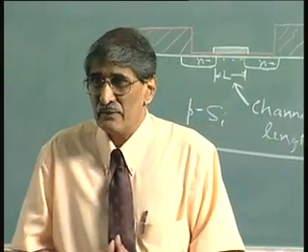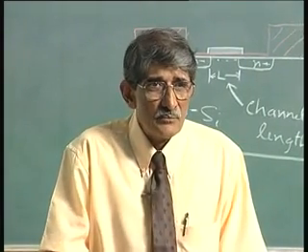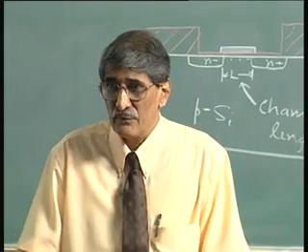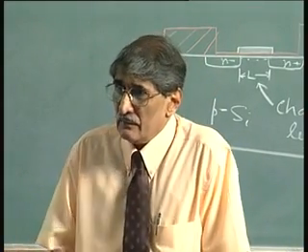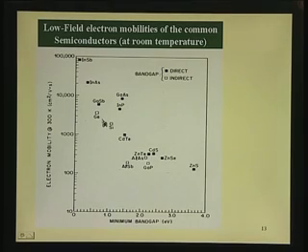What about indium phosphide? Indium phosphide is also 3-5, indium from the third group, phosphorus from the fifth group. So, we are looking at 3-5 compound semiconductors. Indium antimonide, indium arsenide, etc. are all 3-5, all third group and fifth group.